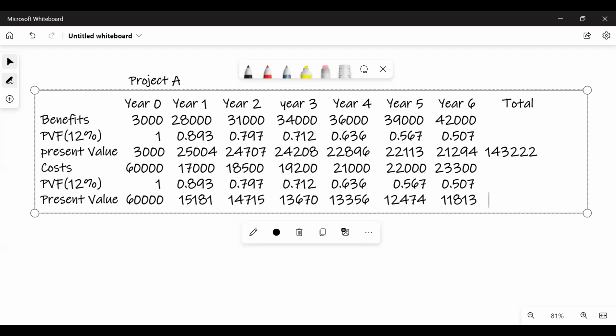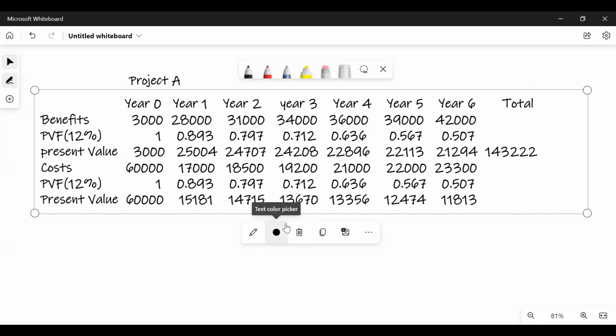So when you multiply 18,500, I'm just checking my calculations. $18,500, you multiply by 0.797. It should be 14,745, right? Not 15.